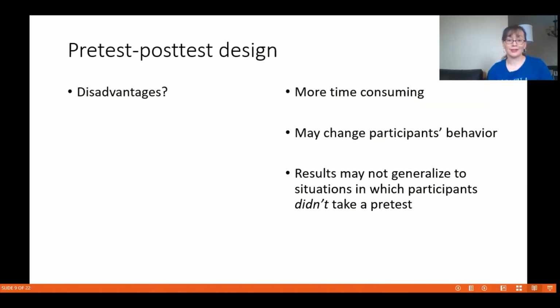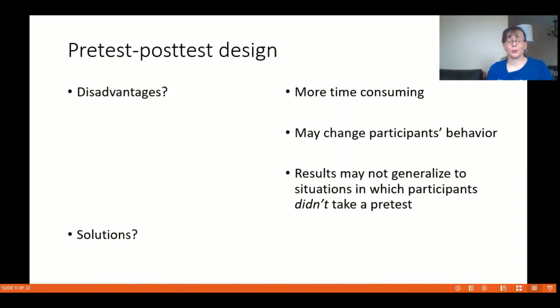In a situation where someone is taking this test twice, there might be learning that occurs just from taking the test two times. There might be other thought processes related to taking this pretest, and we're not going to be able to know for sure without specifically looking at if the pretest affects behavior.